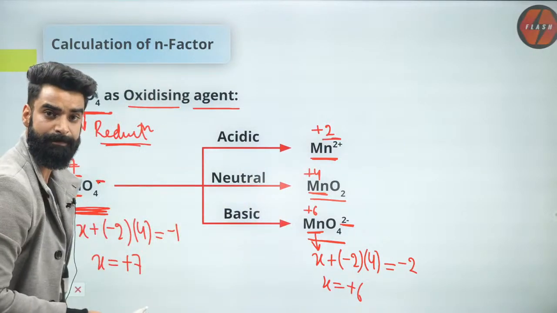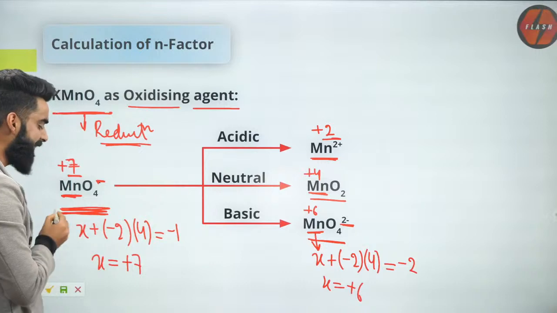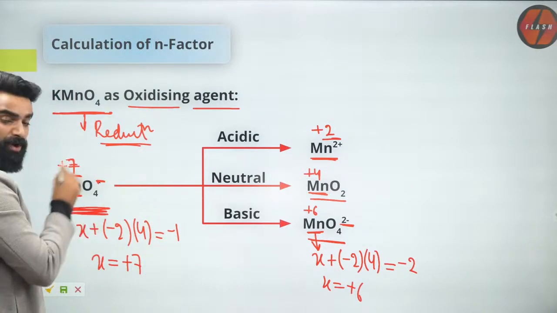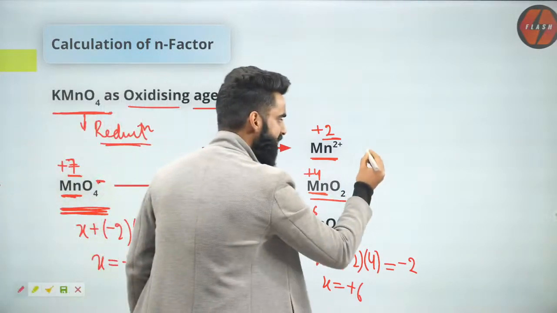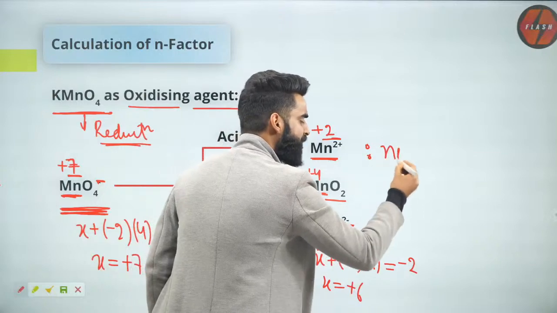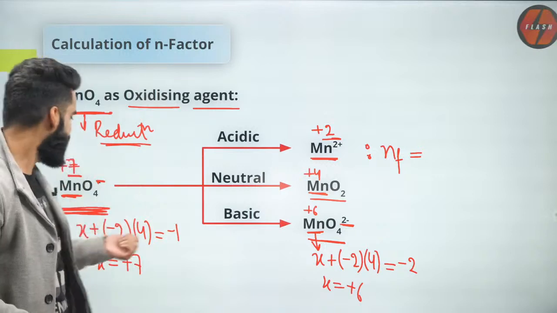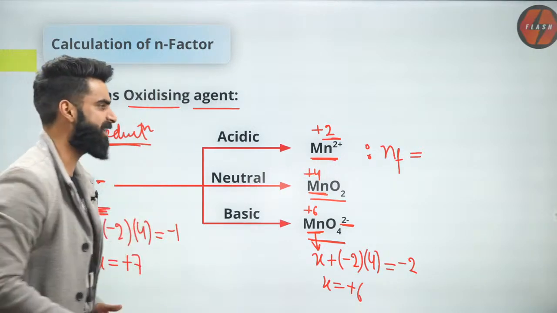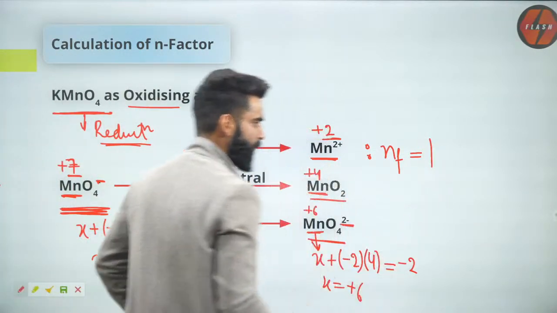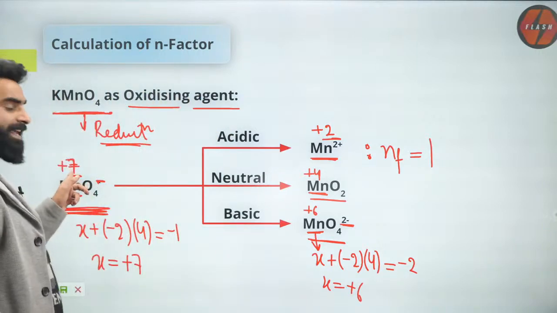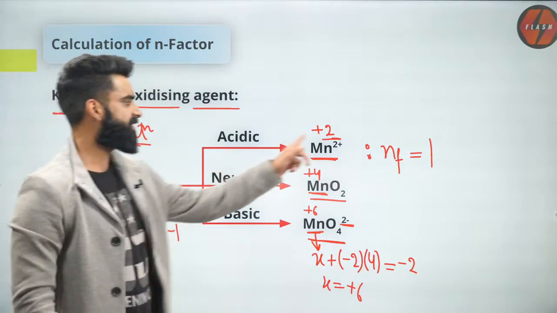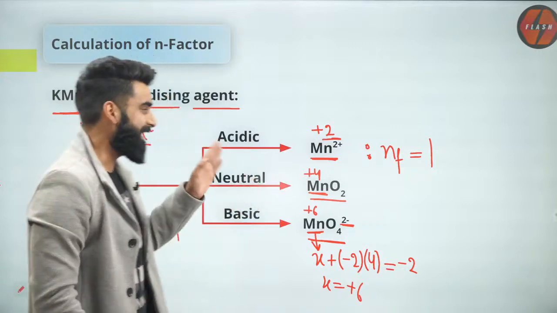The oxidation state of Mn changes from +7 to +2, right, in acidic medium, correct? Now people, if I want to calculate the N factor of this MnO4 negative in acidic medium, can we do that? The N factor of MnO4 negative in acidic medium is going to be equal to the change in oxidation state of Mn. This is the initial oxidation state of Mn. This is the final oxidation state of Mn. What is the change?